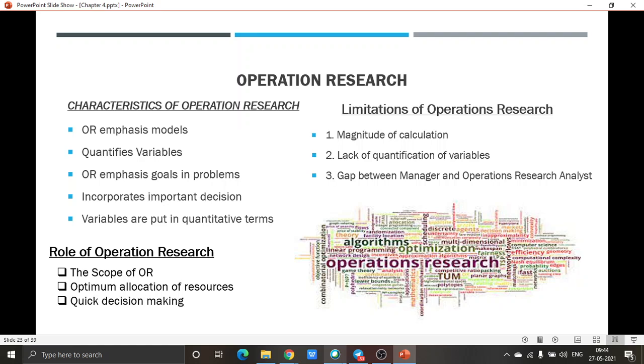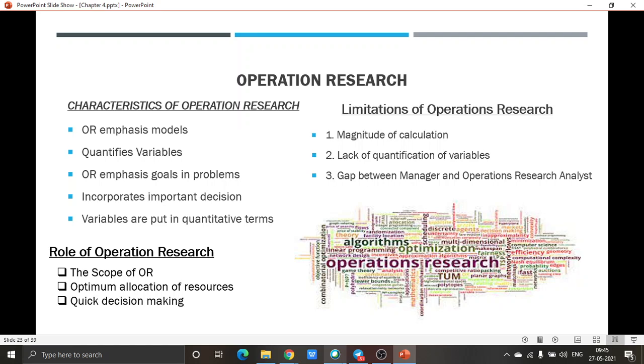Now, let us speak about the first one and the most often used and the most popular one, that is operation research, or OR. You might have probably heard about this. Operation research is nothing but the application of different scientific methods so that we can study the different alternatives when we are encountered with a problem situation.